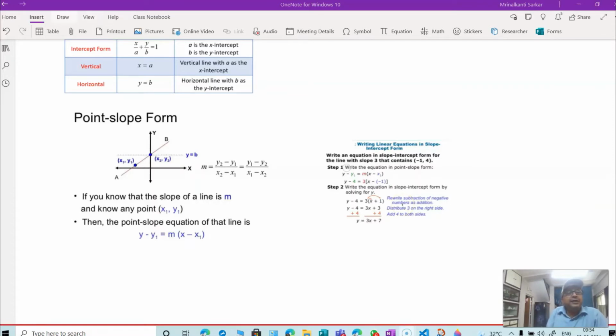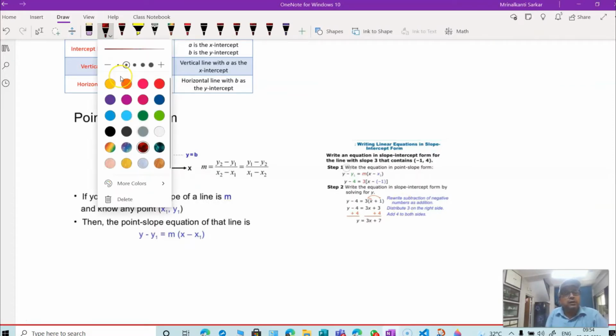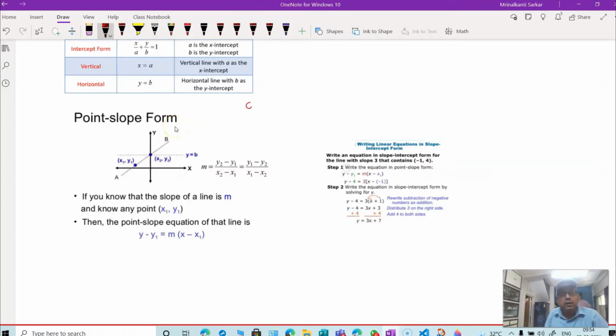A line passing through a point (x1, y1) and having slope m is given by this equation, or point slope form, whatever you call it.